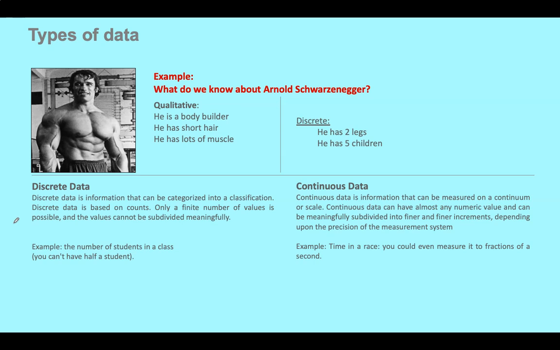So we will be talking about the qualitative and discrete understanding. Discrete data is information that can be categorized into classification. Discrete data is based on counts. Only a finite number of values is possible, and the value cannot be subdivided meaningfully.